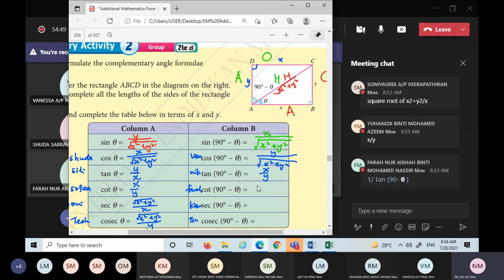Farah says 1 over something. In terms of x and y, Farah. Your concept is correct, but I don't want that answer. I want the answer in terms of x and y. Come on, Kritika. Suping says square root of x squared plus y squared over x.